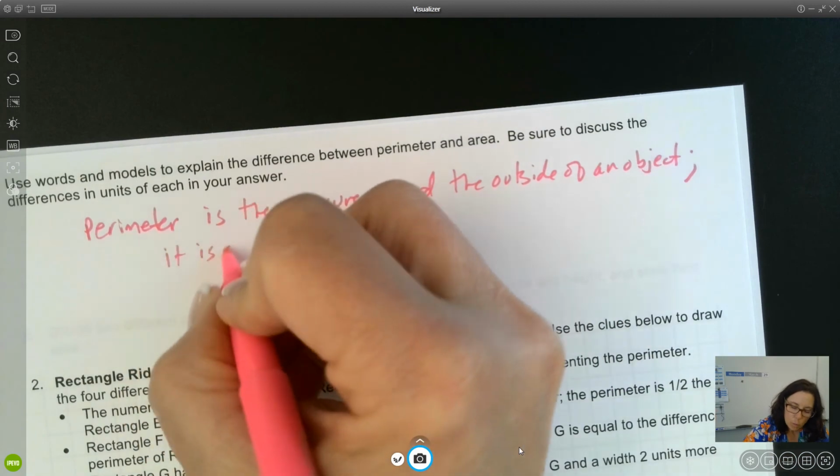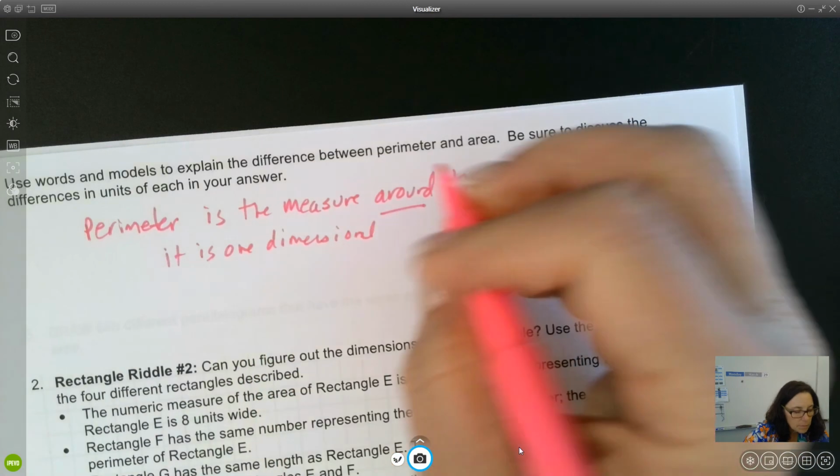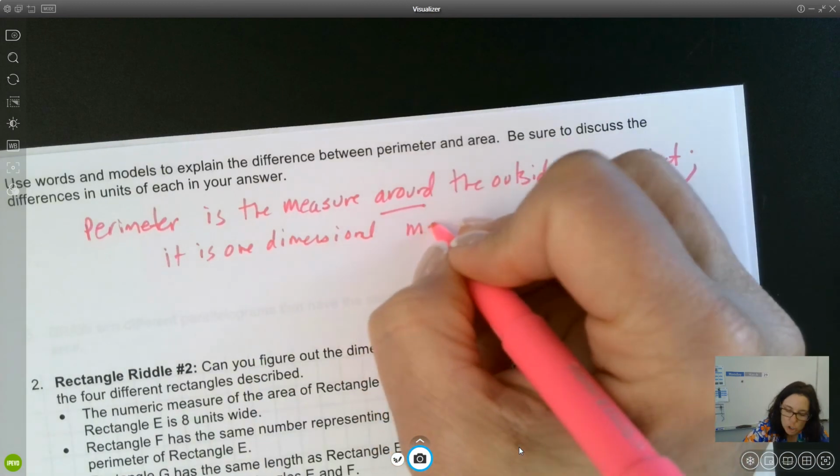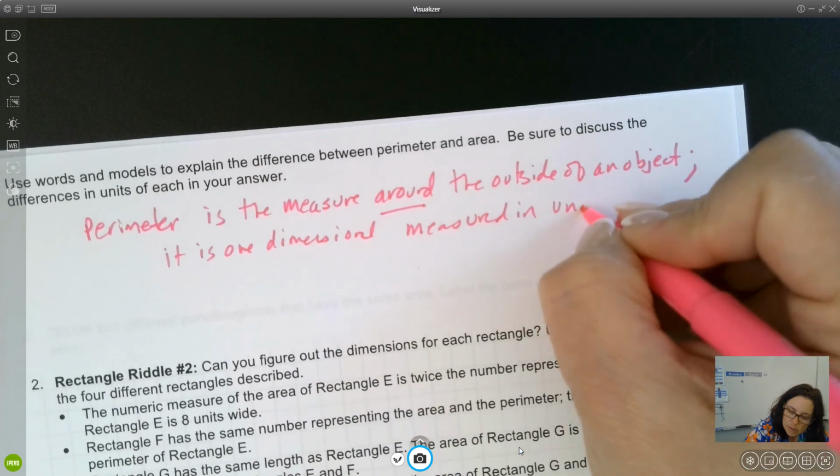It is one-dimensional, measured in some sort of units.